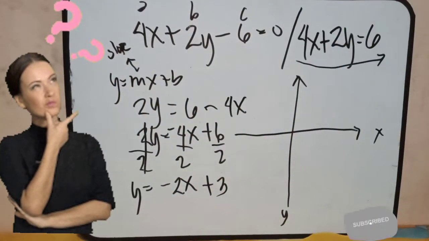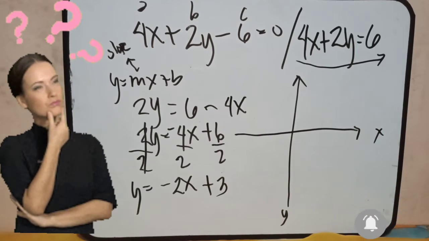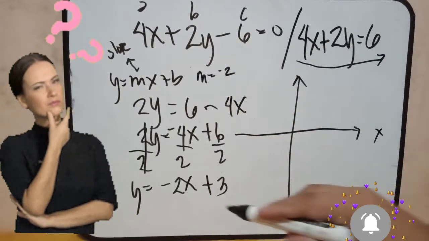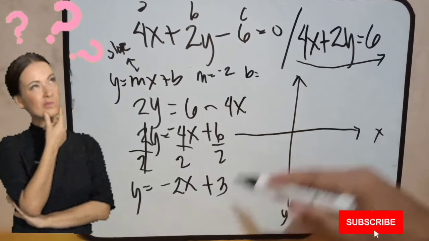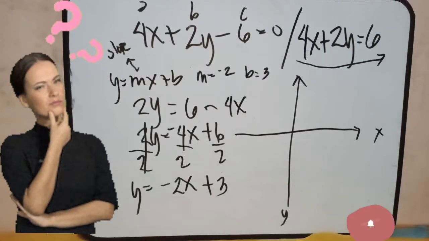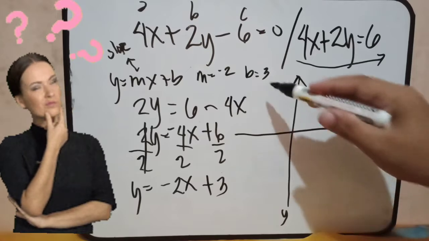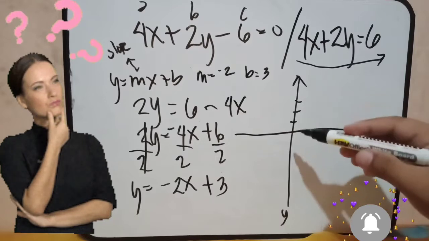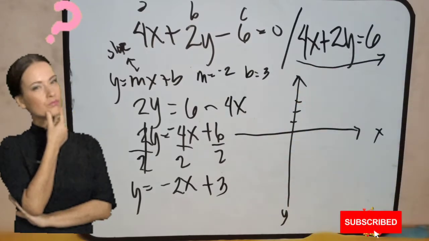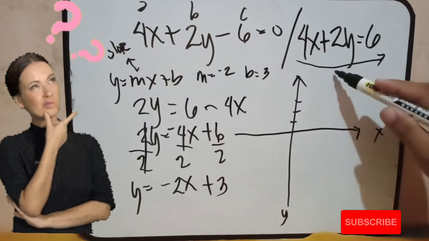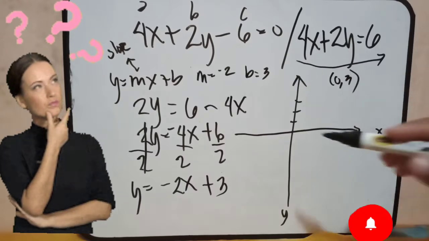Our m here is negative 2, and our b is positive 3. The first thing to do is plot b, which represents the y-intercept. Since it is positive, we go upward along the y-axis. This must be 0x and 3, so we plot it here.